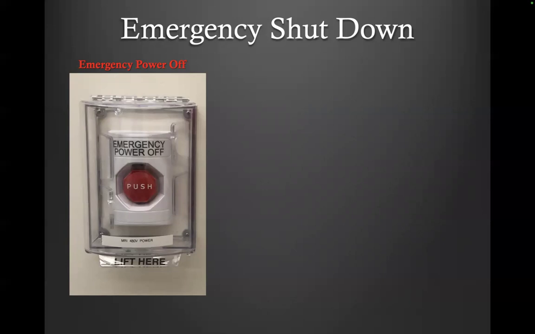There's another button which is called emergency shutdown. Maybe every building will be slightly different, but that's what it looked like in our HSF3 building. There will be this emergency power off button, which is also covered by plastic so that you don't hit it.